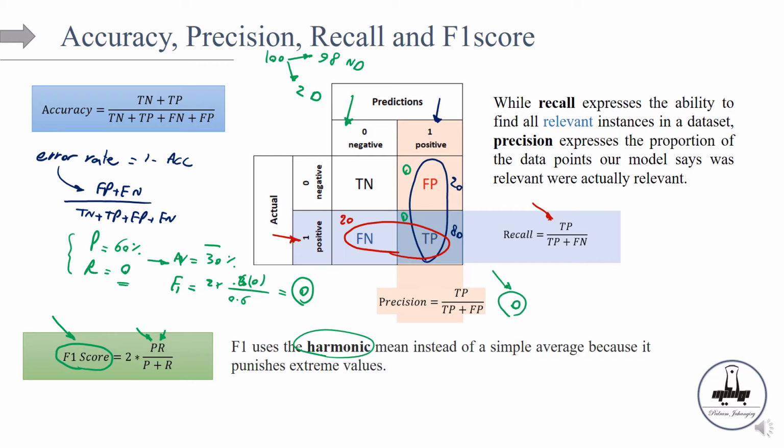So lastly, let me conclude this slide by introducing you to what's called MCC, Matthews correlation coefficient. So MCC is yet another performance metric. It's called Matthews correlation coefficient, and it is commonly used for many applications as well.